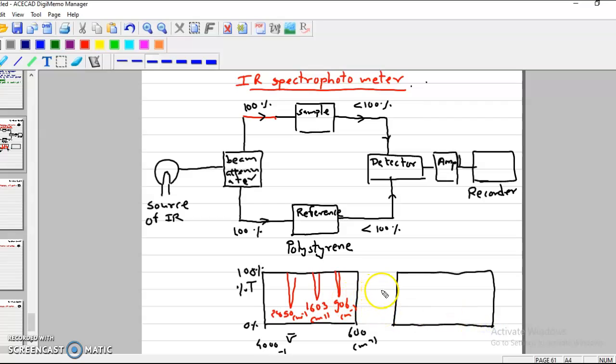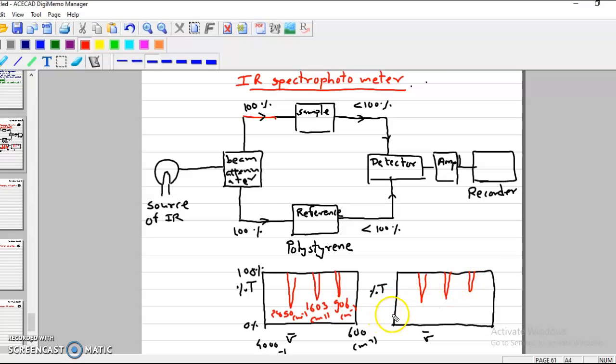Here it is the same percentage transmittance, and this is wave number. We have three main bands due to polystyrene, at 2850, 1603 and 906.